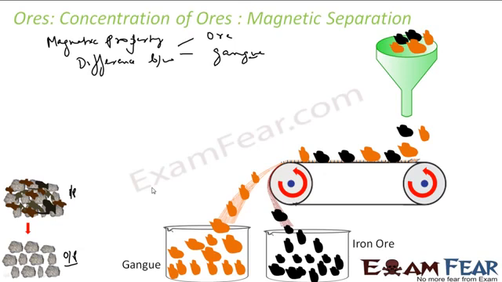Correct. So it is generally used to remove what? Iron. So this is my iron ore, let's suppose. Here my orange is the gangue particles, so don't get confused. Orange is the gangue particles, and the black ones are actually my iron ore. And I know iron is magnetic, so iron ore also will be magnetic.